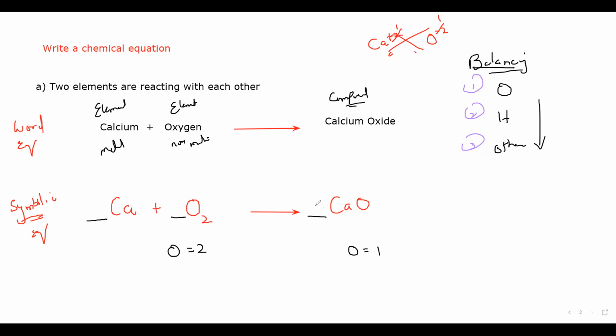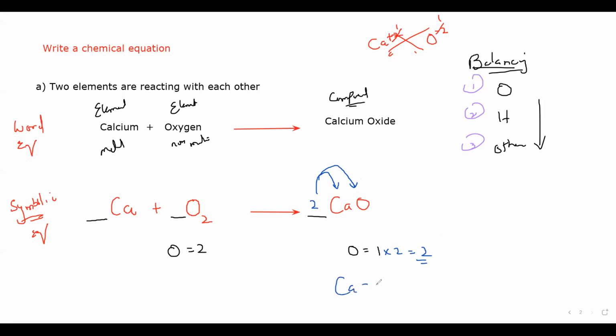So which number should I write here to make two oxygen? If I write 2 here, this 2 makes 2 calcium as well as 2 oxygen. So oxygen is now 2, because 2 multiplied by 1 makes 2. So oxygen is balanced. What about calcium?